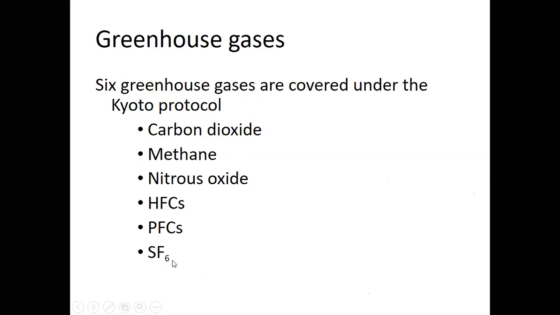Like the Montreal Protocol, which is about the depletion of the ozone layer. Likewise, there is an international treaty signed by different parties, different countries. It is called the Kyoto Protocol.